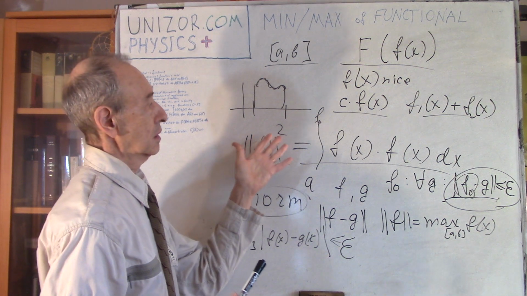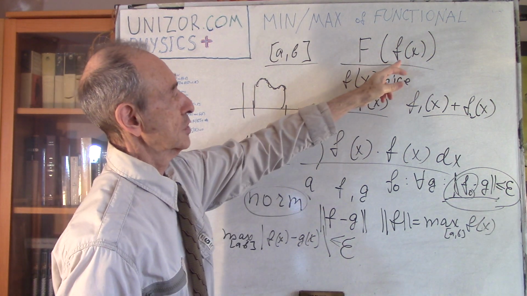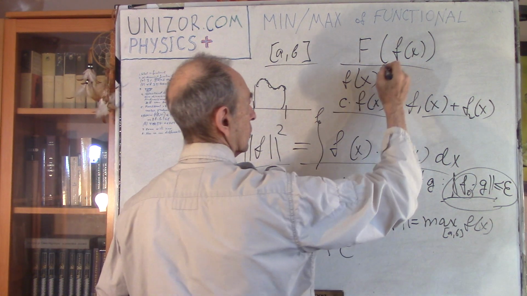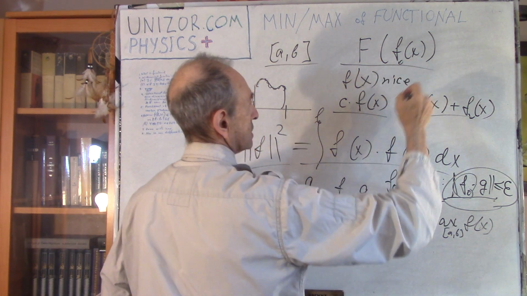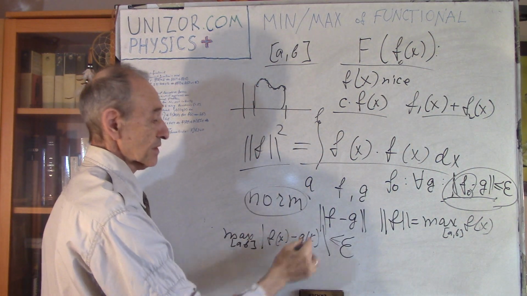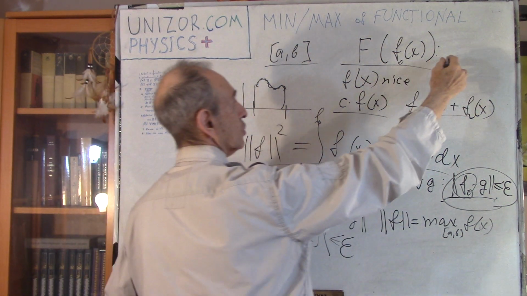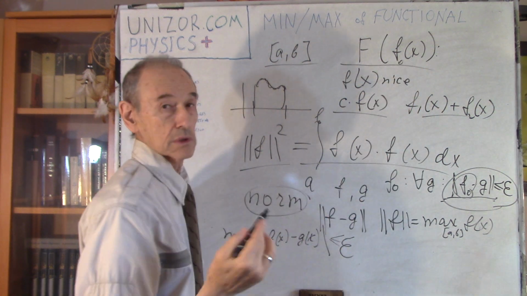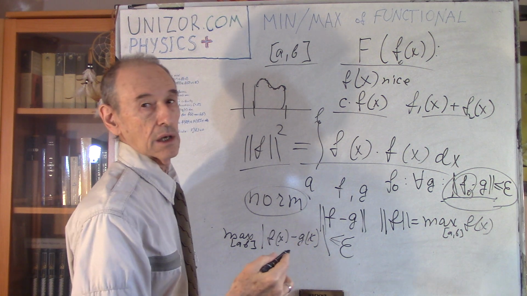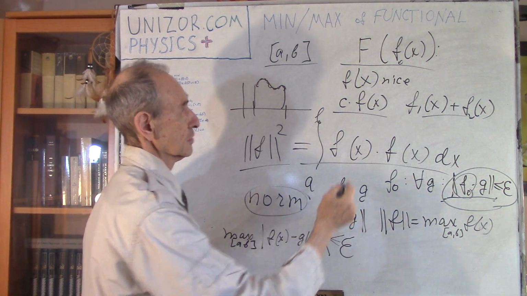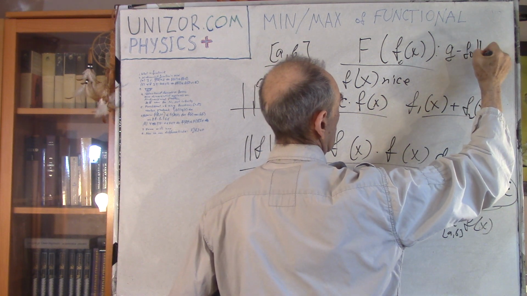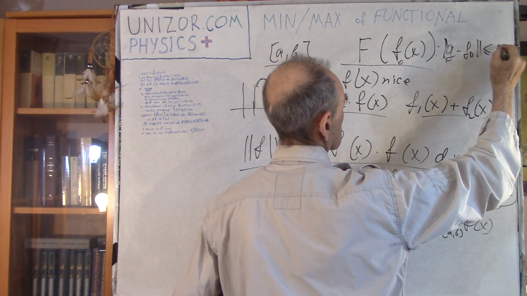And you can define the minimum of a functional which it achieves at point f0, such that for all functions, according to some definition of norm, which are close to f0, a norm of deviation of function g from function f0 is less than epsilon.